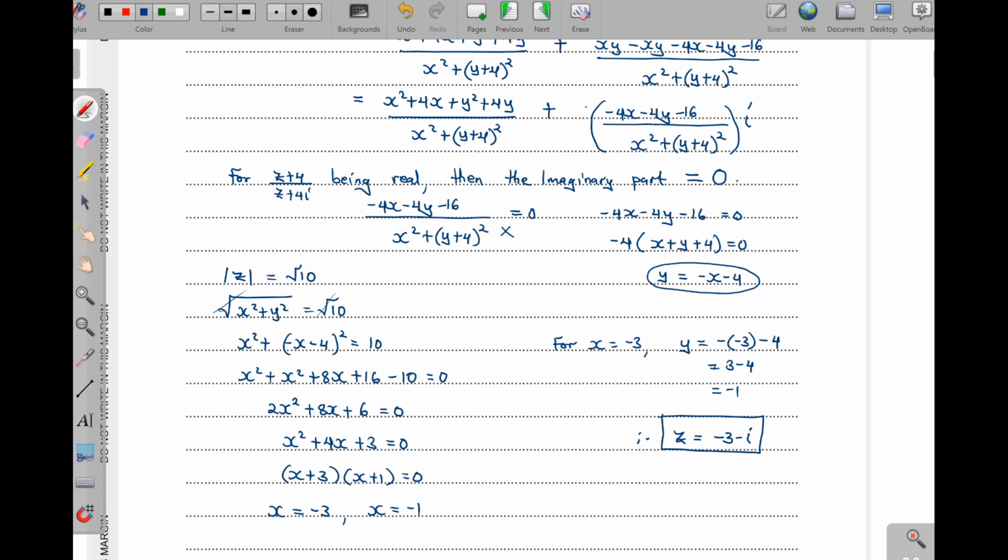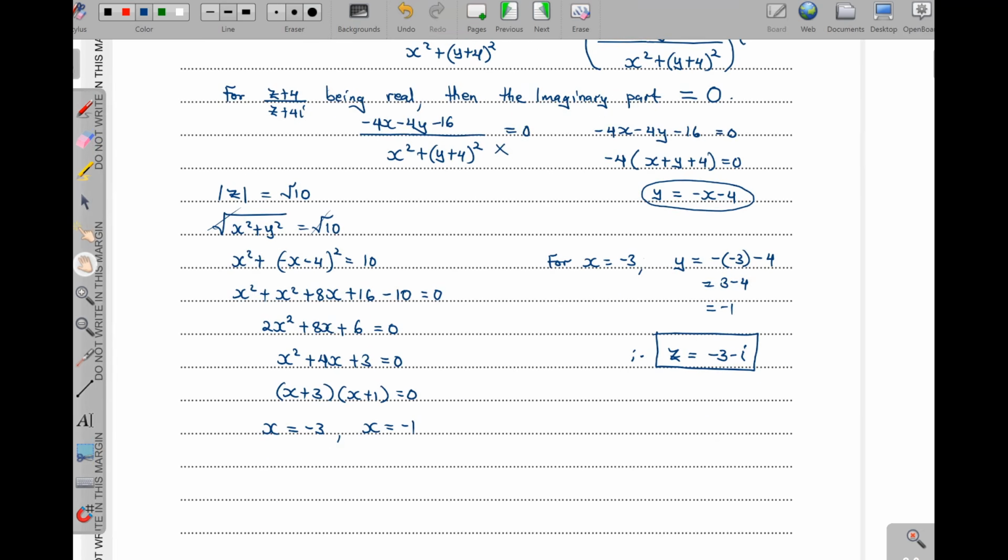So that is that. And then, how about when x is equal to negative 1? So for x equal to negative 1, that means that our y is going to be negative of negative 1, then minus 4, not so? And then this one becomes a positive 1 minus 4.